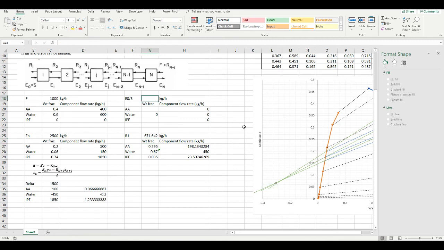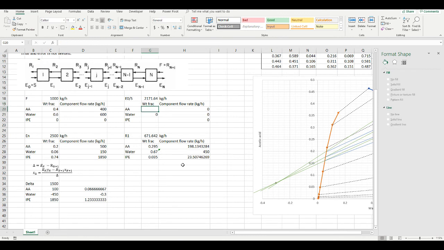Knowing that, we can now conduct an overall mass balance and find the flow rate of the solvent stream. So the solvent stream is equal to 2500 plus 671 minus 1000, which gives us 2171 kilograms per hour.